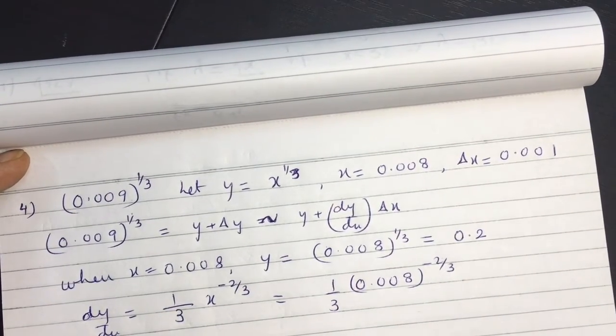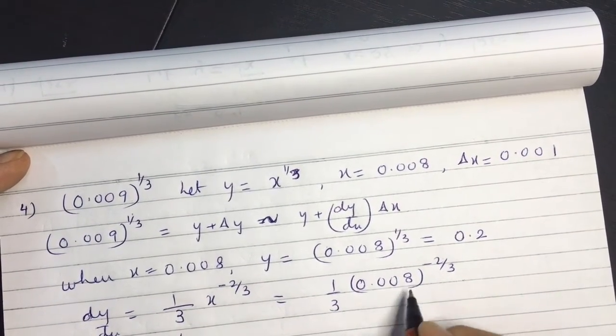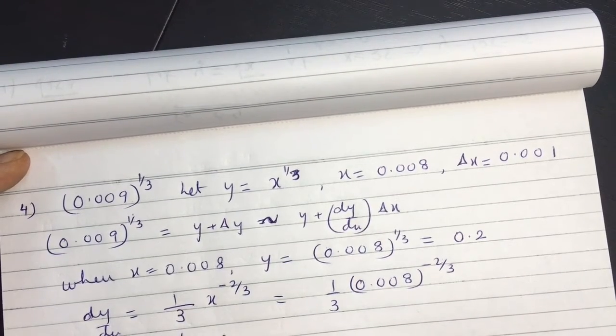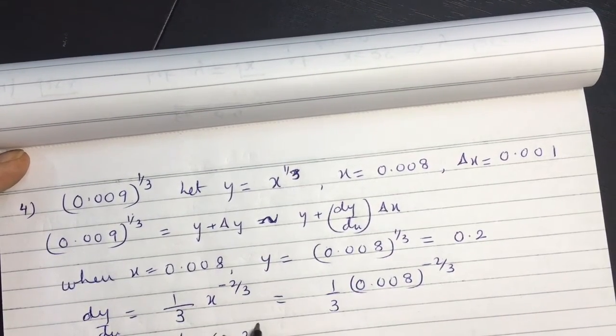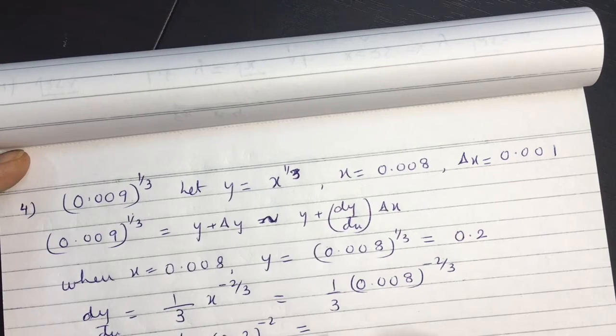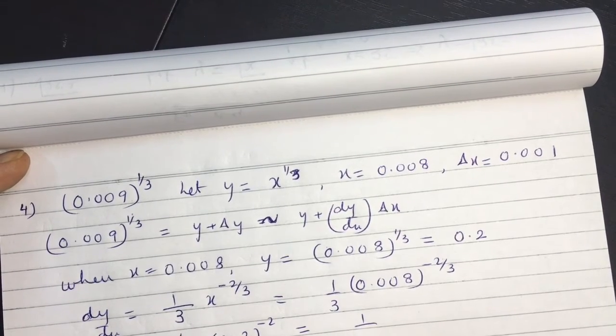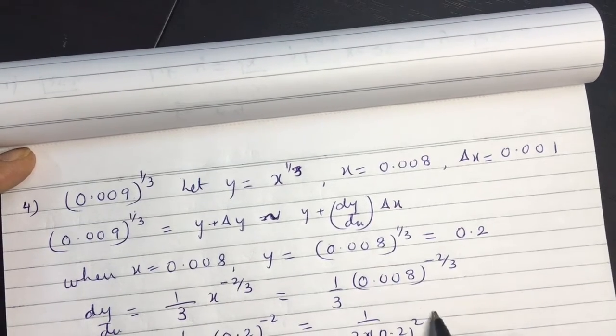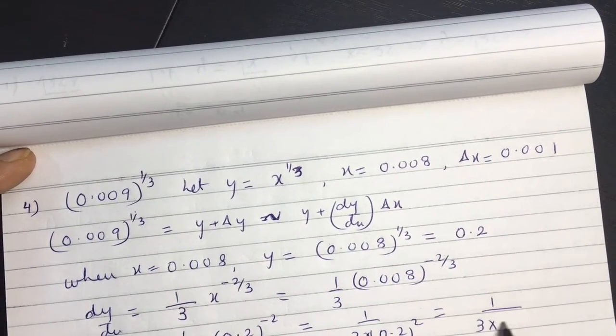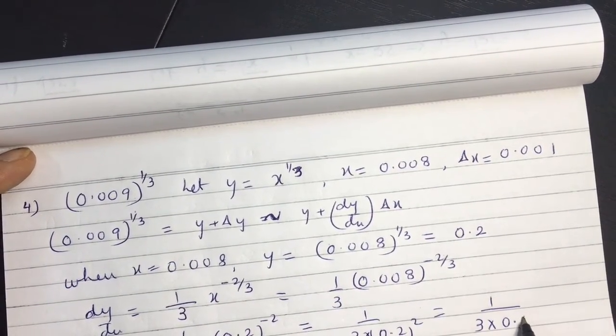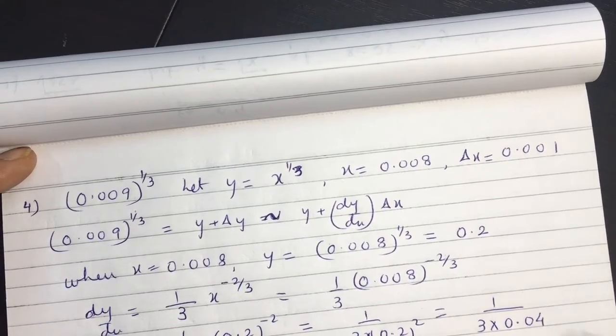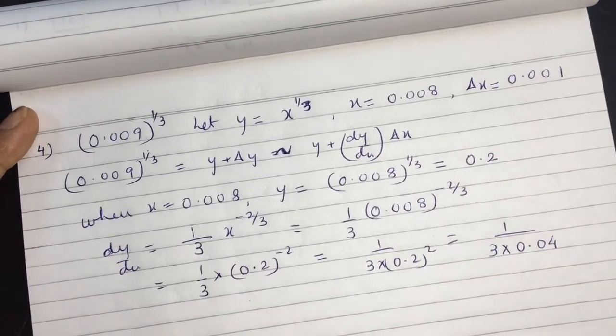So what we do is 1 over 3 into, first of all we find the cube root, so this is equal to 0.2 whole raised power minus 2. You take it to the other side, it becomes 3 into 0.2 whole square, which is equal to 1 over 3 into 0.04.